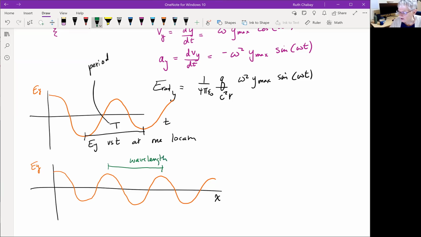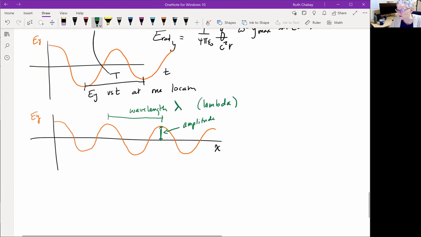It has the symbol lowercase Greek lambda. The symbol for period is just an uppercase T. And this distance here is called the amplitude of the wave.